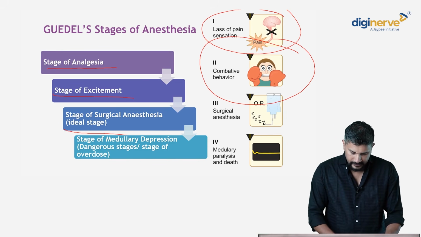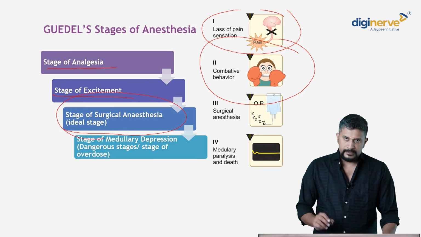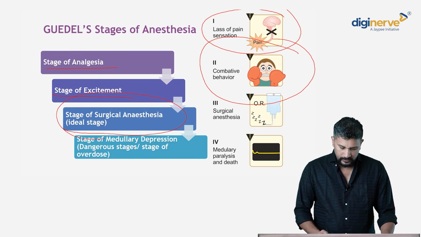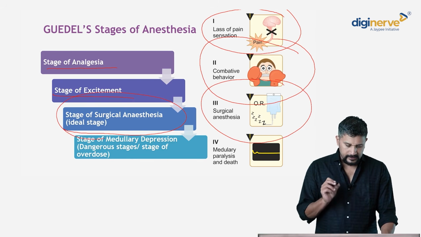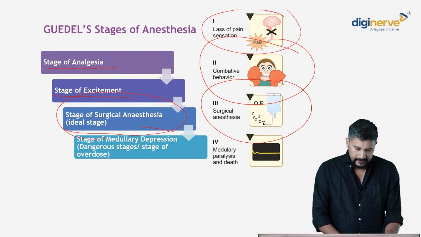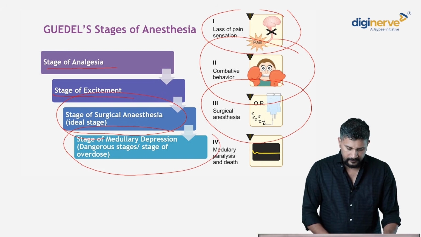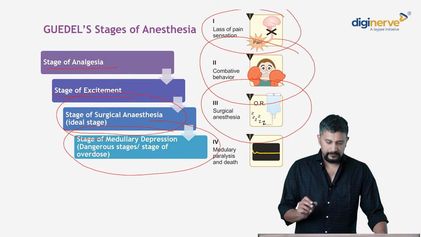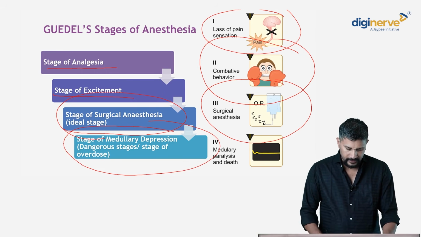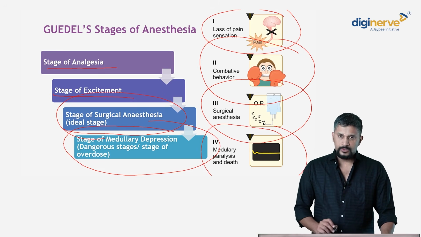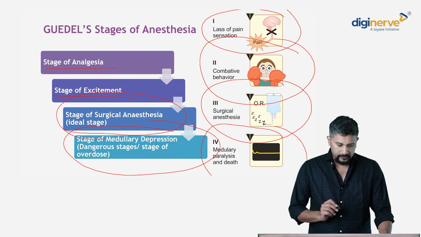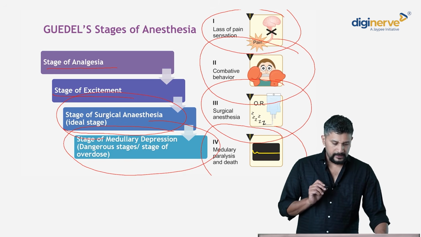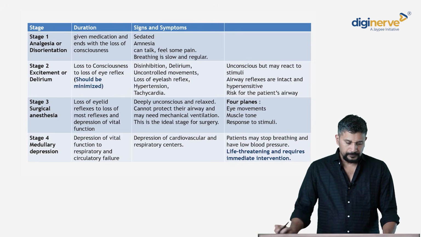The third stage is the stage of surgical anesthesia, and this is where you want the patient to be in the third stage of surgical anesthesia. And finally, stage 4 is the stage of medullary depression. This is something you want to avoid, wherein you can have a stage of overdose of your drugs leading to medullary paralysis and subsequently can cause death also.